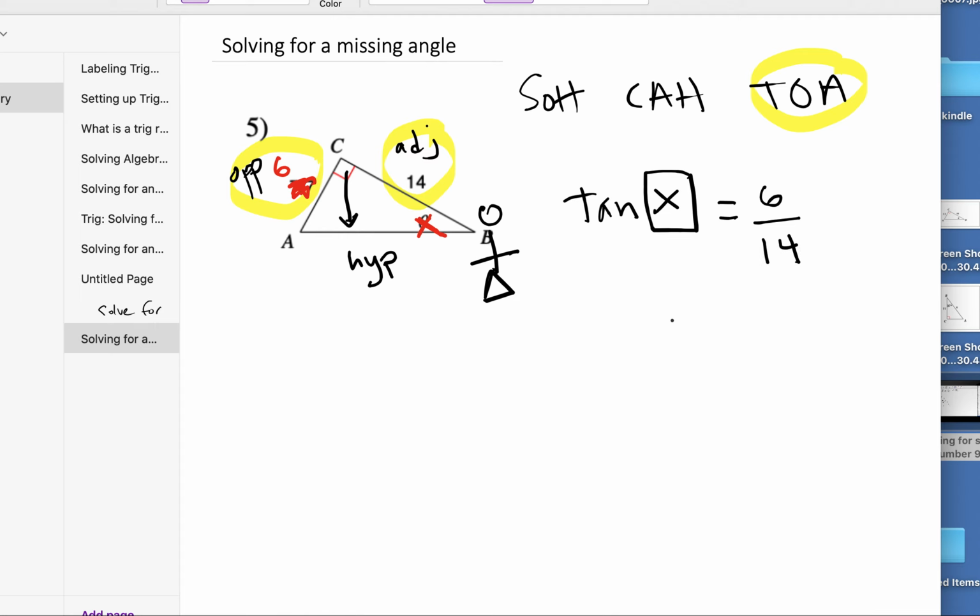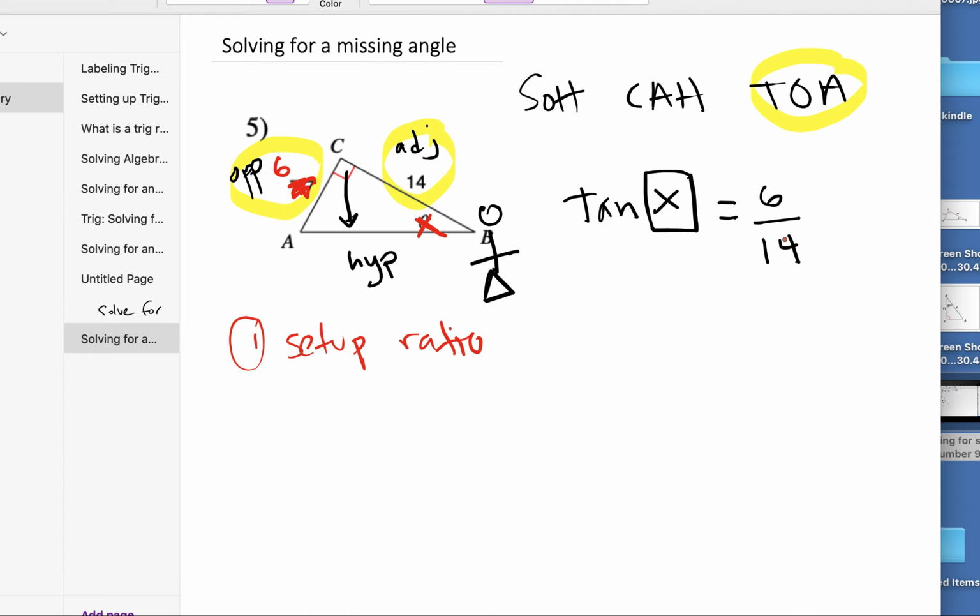So I tend to recommend, because different calculators are different, for some calculators you can put it in exactly like this. Other calculators you might have to actually get the decimal first, then push the tangent button. So before we continue and get x by itself, which is our next step, our first step was to set up our ratio.